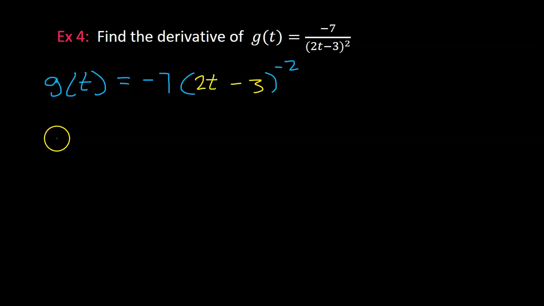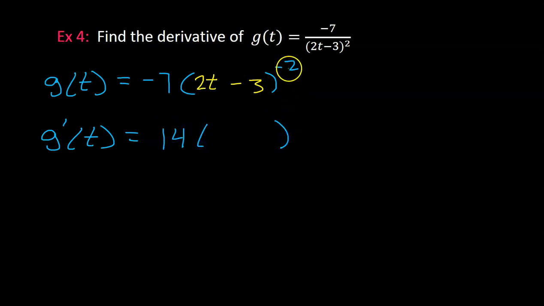So now we are ready to do the chain rule, which says that if I want to find the derivative of this composite function, I will first take the derivative of the outer function, shown here in blue. So I'm going to do the power rule and multiply negative 2 times negative 7, and that's going to make a positive 14.